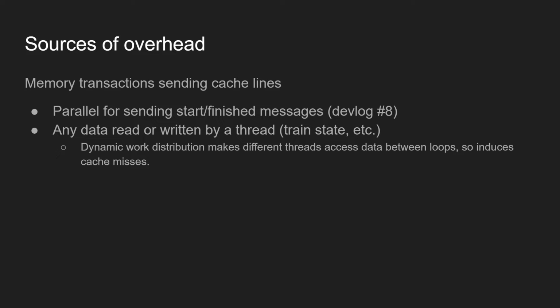And if you had statically partitioned the threads over, say, the trains, and if you run two different parallel for loops over the set of trains, chances are that the same thread would get assigned the same train, and you wouldn't have any data transfer because of that. But if you dynamically partition your data, then you have no guarantee that the same thread is going to get the same train, and so you actually get a double hit of data transfer.